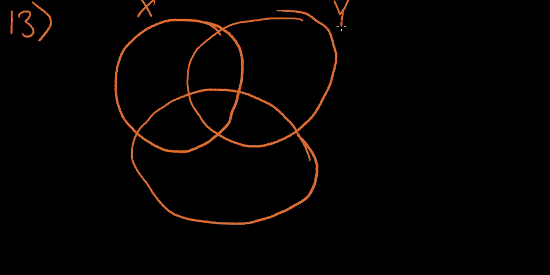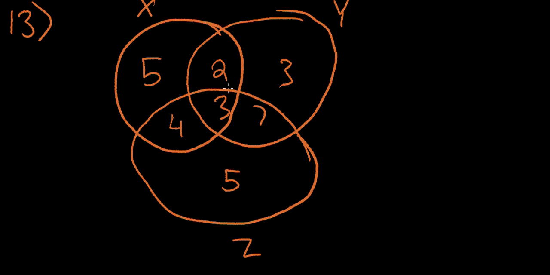X, Y, not really, there's loose ends all over. X, Y, Z, 5, 3, 5, 4, 2, 7, 3. Okay, in the Venn diagram above, the number in each region indicates how many elements are in that region. How many elements are in the intersection of sets Y and Z?